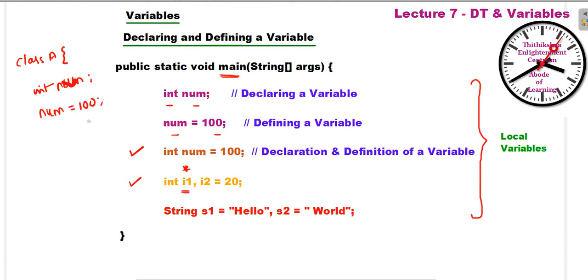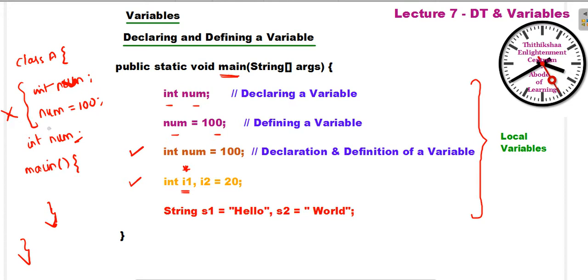This I cannot do within the class level. Here I have the main method. This is not possible inside the class level. Here you must give a value or you can leave it blank.